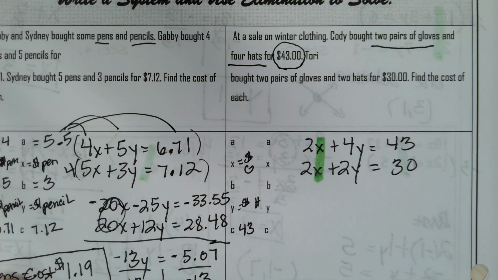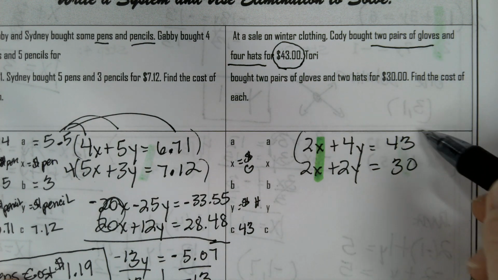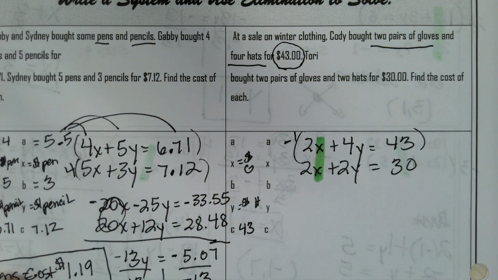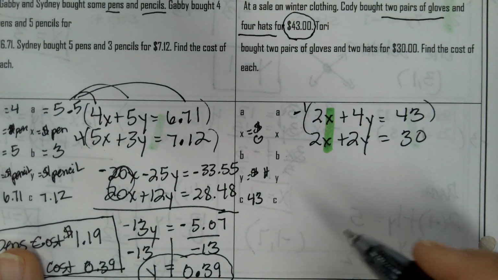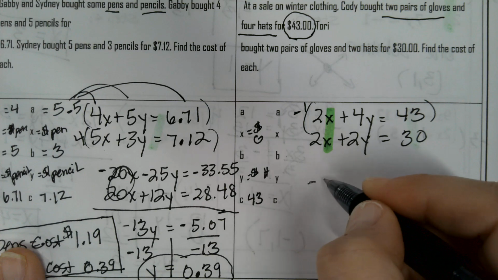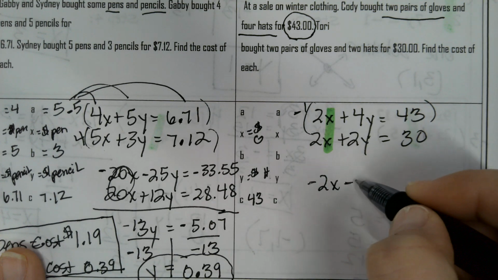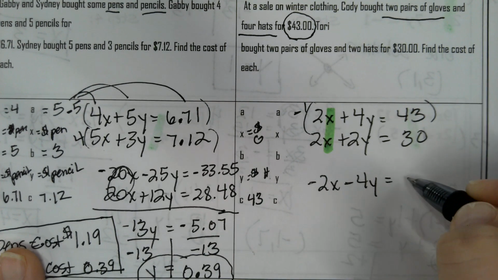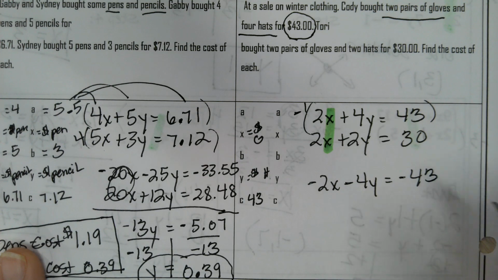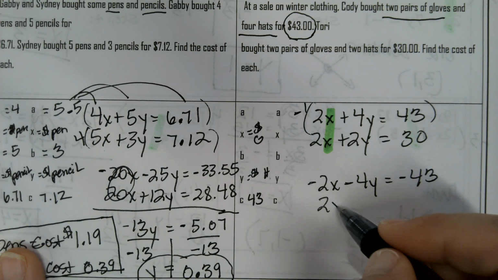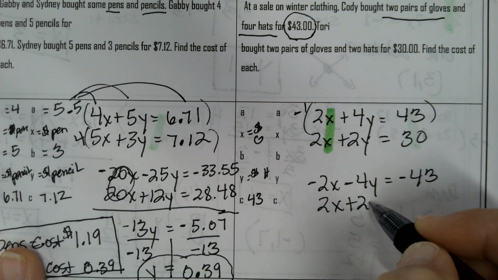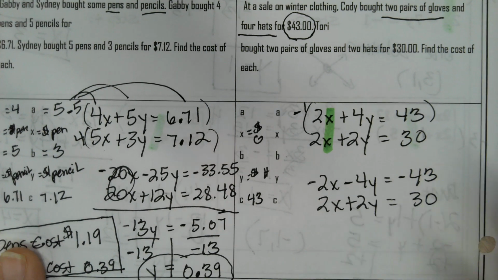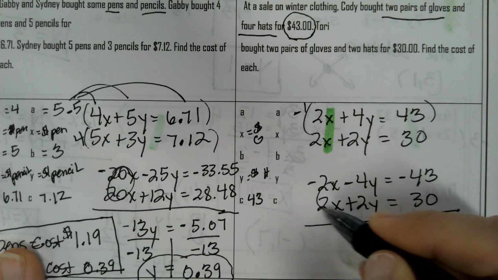What do I have to do to eliminate? One's got to become -2. So I'm going to pick the top one, multiply by -1. So I'm going to rewrite the first equation: -2x minus 4y equals -43. And then I'm going to rewrite the second equation underneath. And then we're going to eliminate x.